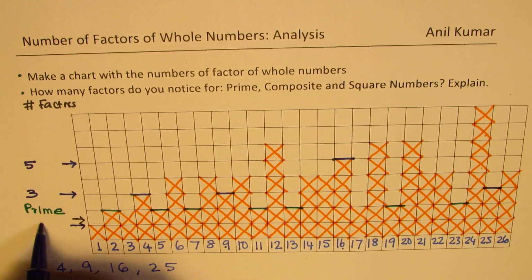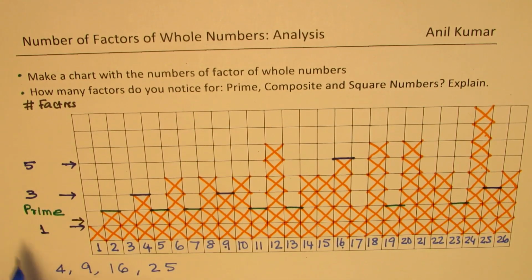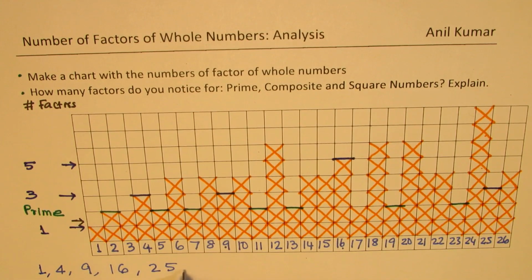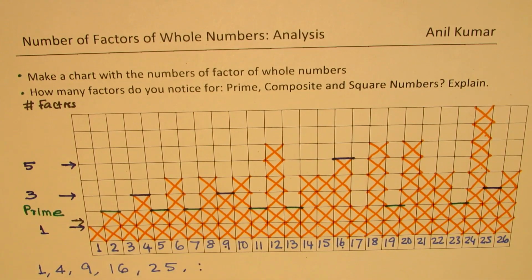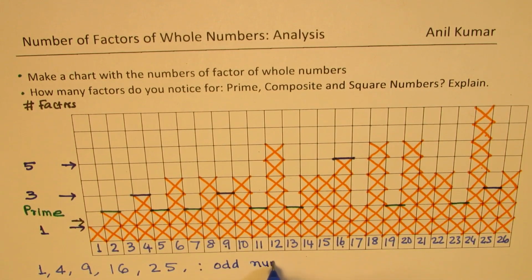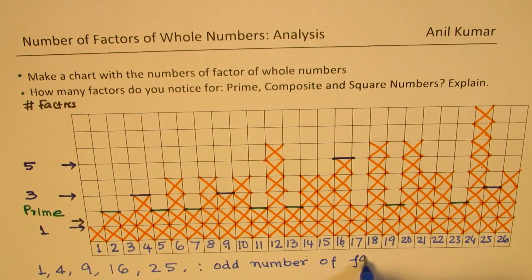So this is 1 factor. So we'll qualify 1 also. So these numbers which we notice here have an odd number of factors.